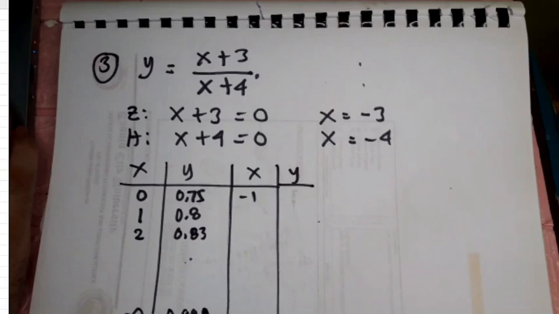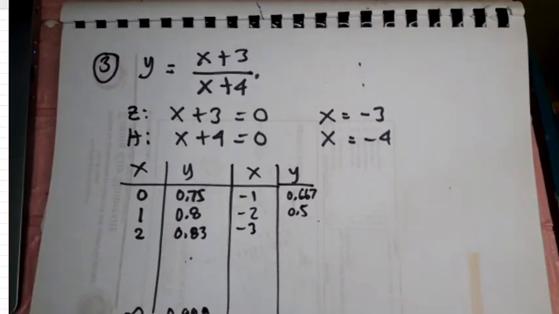Okay. About negative 2.5. Negative 3. So we have negative 3 there, no? So that will become 0, no? Because we have 0 in the numerator.